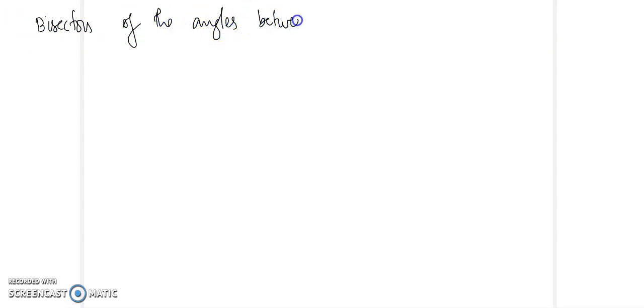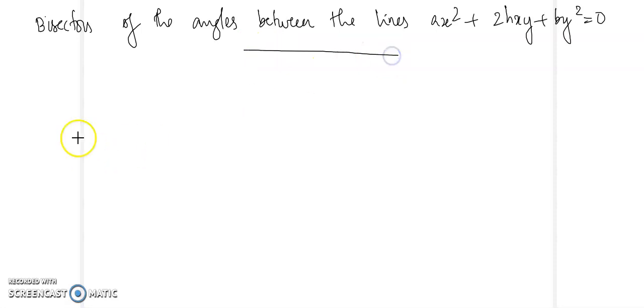Now let us look at the equation of the bisectors of the angles between the lines ax square plus 2hxy plus by square equal to 0.